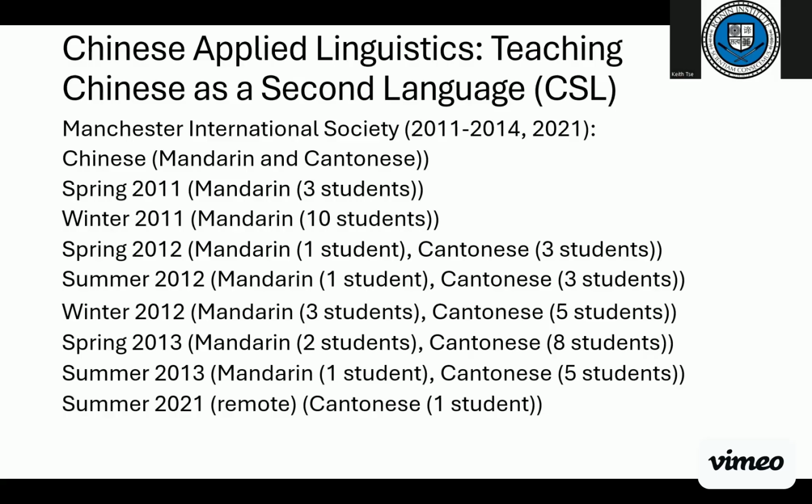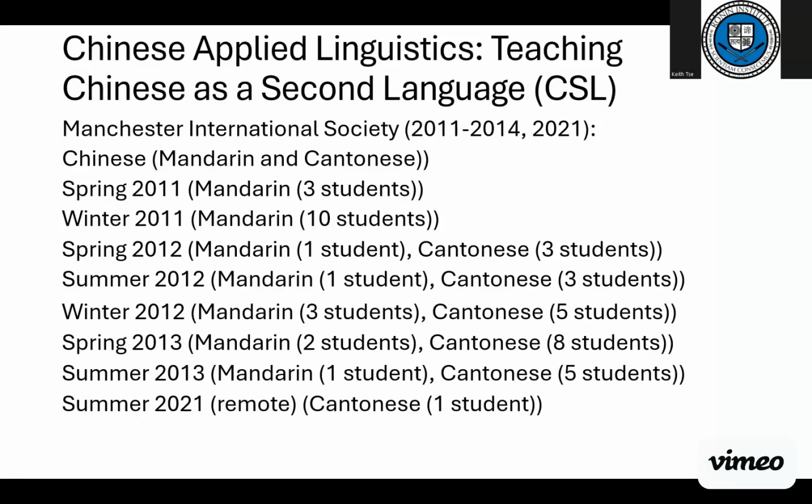So, the numbers, especially between 2012 and 2013, I actually had more students in Cantonese than in Mandarin. So this perhaps shows that the interest in Cantonese is probably bigger than most people think, even though Mandarin is the official type of Chinese.